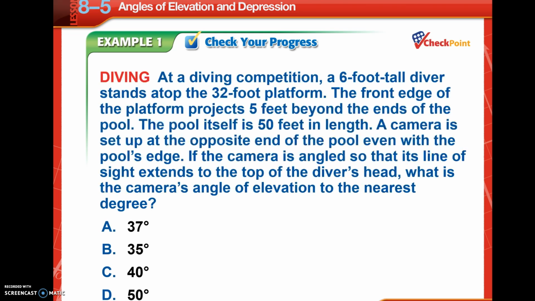We're at a diving competition now. A 6-foot tall diver stands on top of a 32-foot platform. The front edge of the platform projects 5 feet beyond the pool. So we have our pool, and here's the edge. And they are on top of a platform diving board that's 32 feet up. They are 6 feet, and they are out 5 feet here.